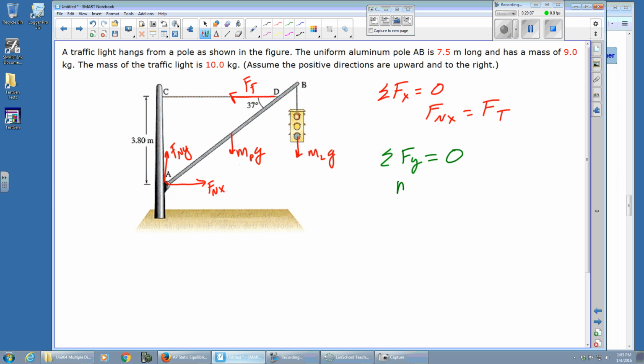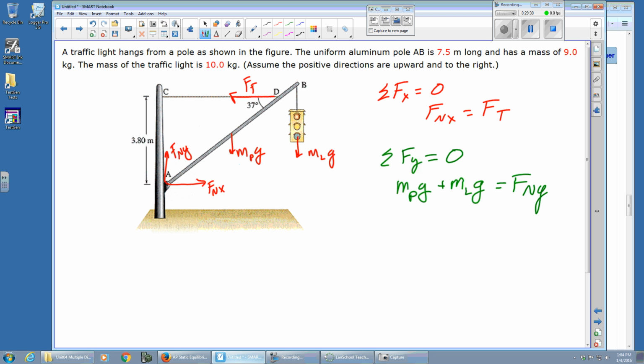And so m_p g plus m_l g must equal F normal in the y. We have all the masses, so that should be pretty straightforward to do.